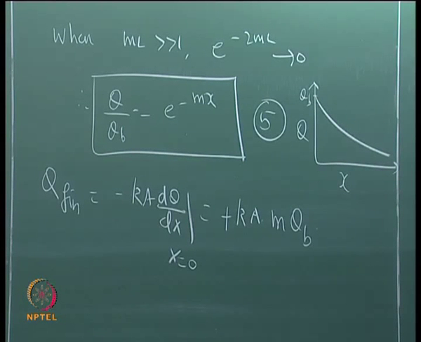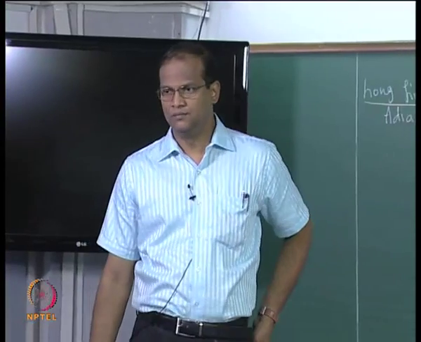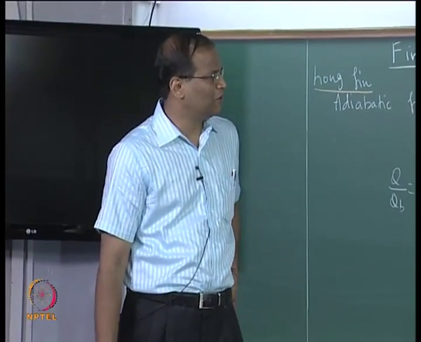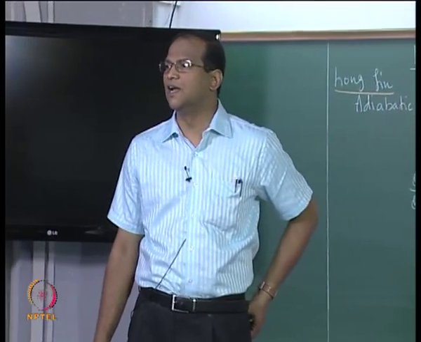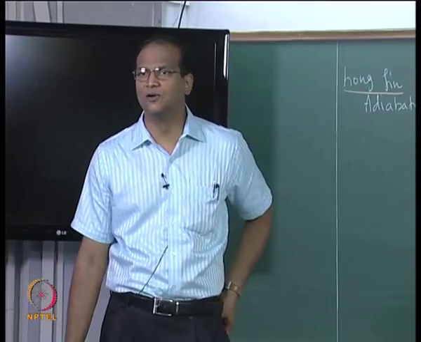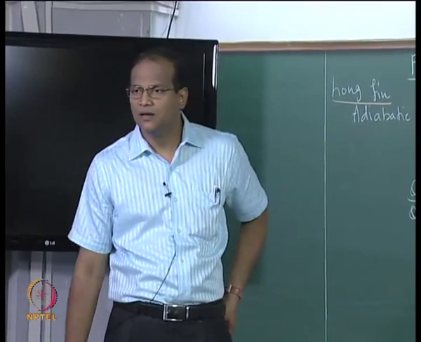K is in units of watts per meter per Kelvin, A is meter square and m is 1 per meter, correct. So there is a 1 per meter in K, there is a 1 per meter in m, there is a meter square in A, so the meter square gets cancelled, so the whole expression is in watts, correct.